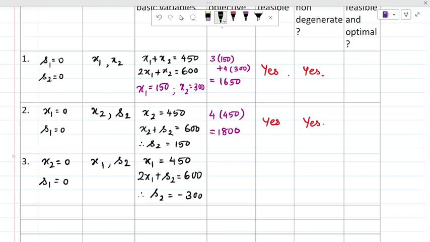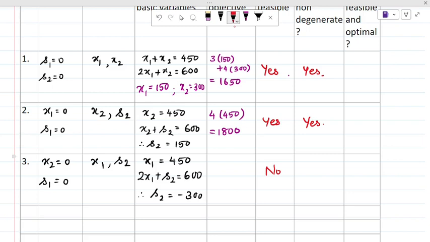I'll tell you why. Now, is this a feasible solution? No, the solution is not feasible, because one of the variables, the slack or surplus variable, has given us a negative value. So the answer is no over here. Now, is the solution non-degenerate?